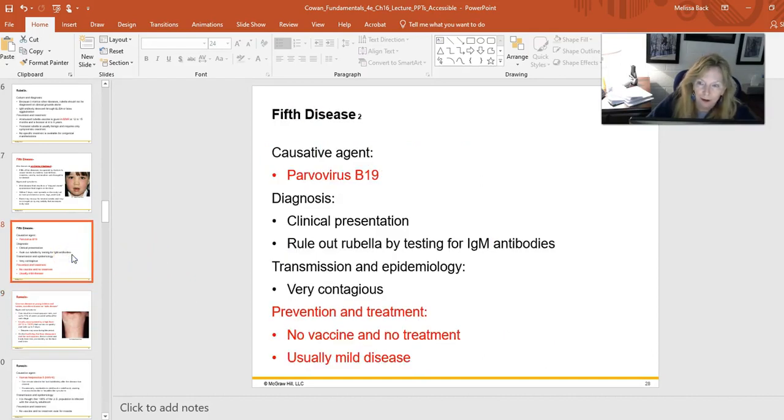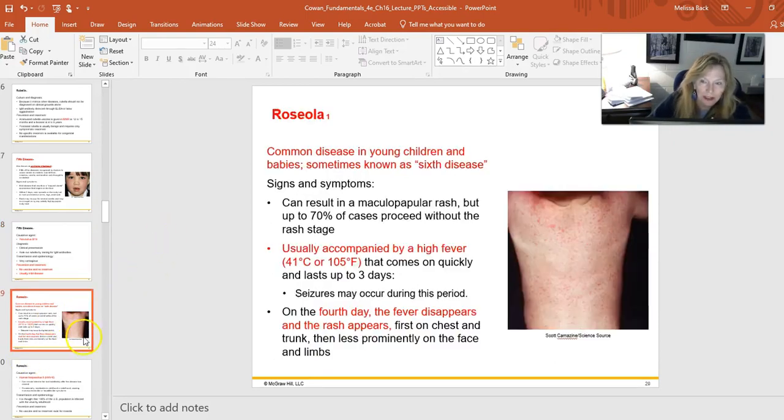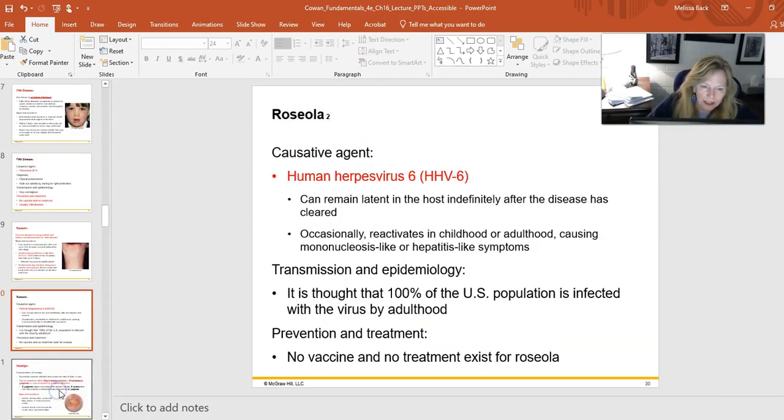Also, again, very, very common. Something to consider is that it has also been linked, in women who are having the illness for their first time when they're carrying a fetus, to teratogenic complications. Not as much as the rubella, but it's definitely been linked to that.